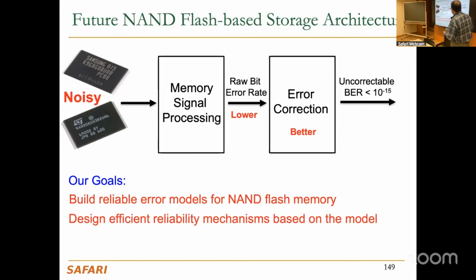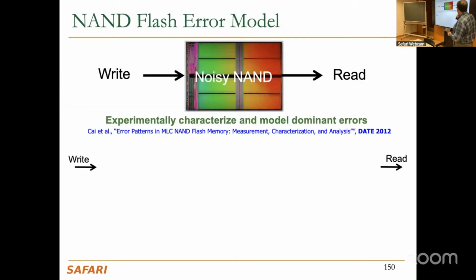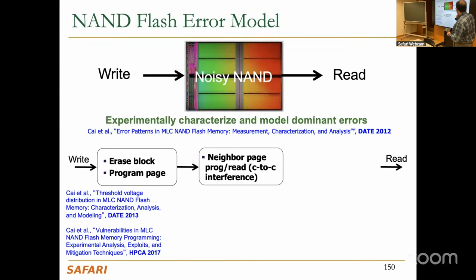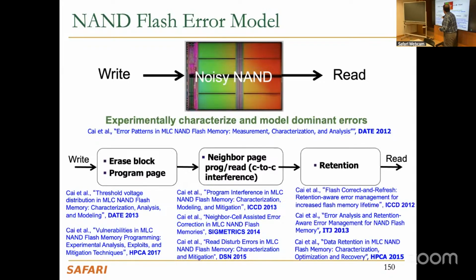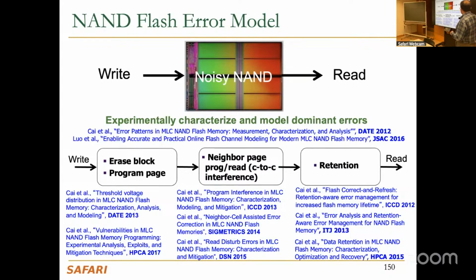Okay, so the goal is to build reliable error models for NAND flash memory and design efficient reliability mechanisms based on them. I can skip these things. These are different papers that we have published to understand and characterize errors, and also where to apply techniques, for example when erasing a block, when programming a page, neighbor page program, read, cell-to-cell interference and retention error.